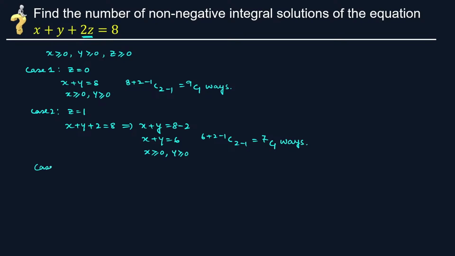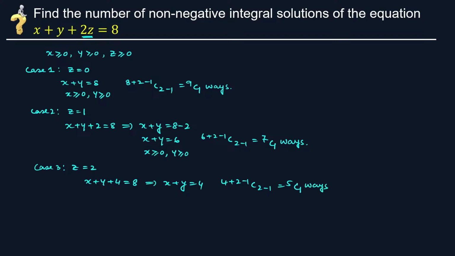Now let us take case 3, where z is taking 2. Therefore x plus y, and this becomes 4 equals 8, which implies x plus y is 4. So the total number of ways will be 4 plus 2 minus 1 C 2 minus 1, that is 5C1 ways.